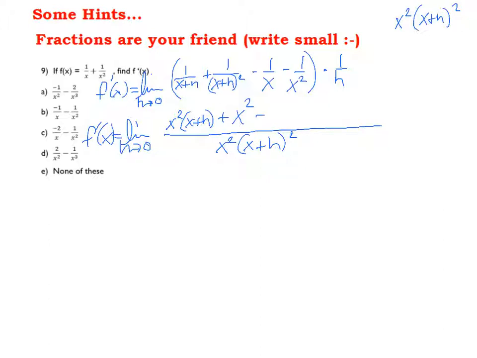Minus. This one has an x, this is what it needs, so I need another x, and I need an x plus h squared. So minus x times x plus h squared. And then the last one has the x squared, it just needs the x plus h squared.